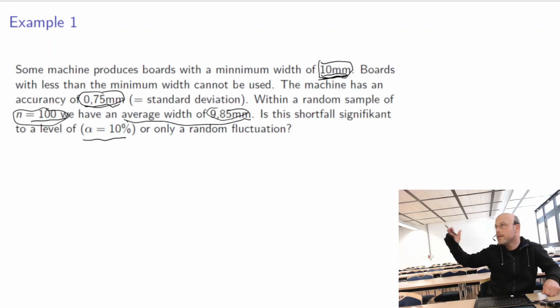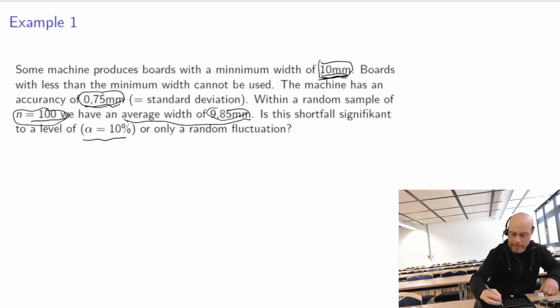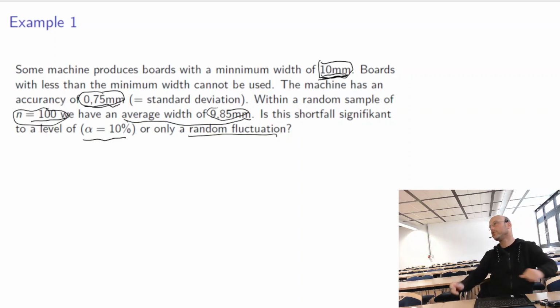Up to this error probability, is this just a random fluctuation, so that I do not have to call anybody to have a look into my machine to see if there is something wrong?